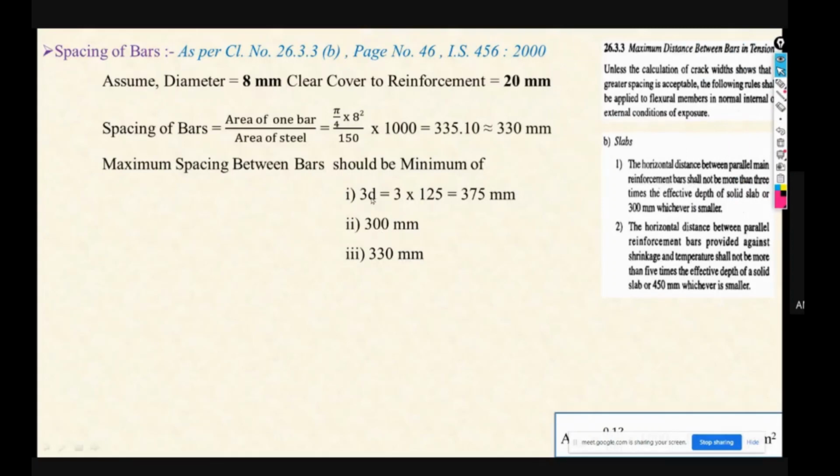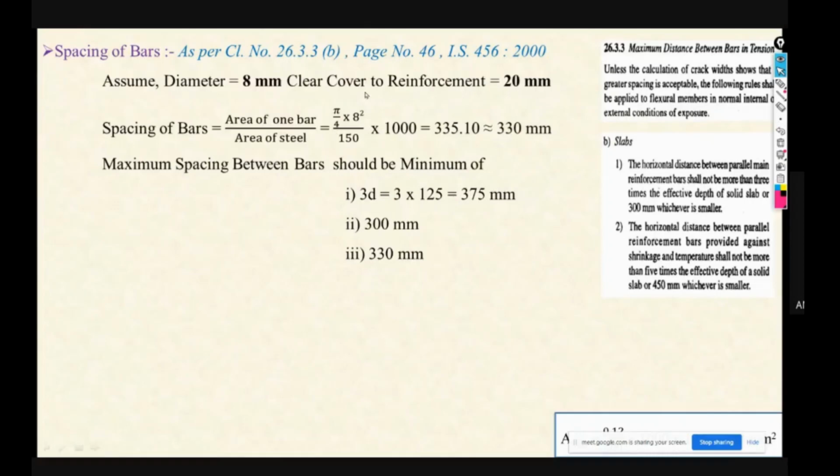If you calculate the spacing as per 3D, so 3 into effective depth 125, the spacing as per the first clause of the IS code is 375 mm. Another one is 300. And later on, here we have calculated the spacing as per the reinforcement that we have provided for our slab.